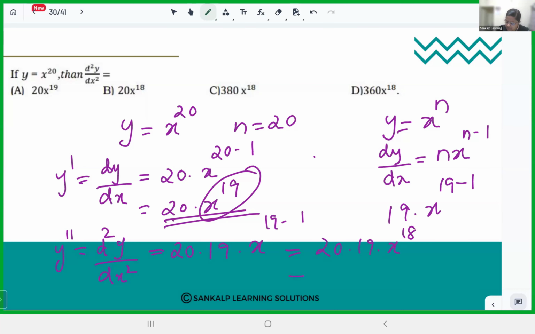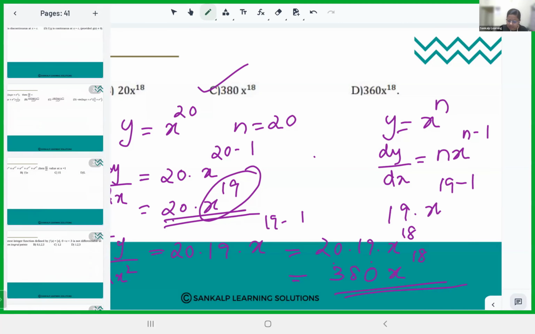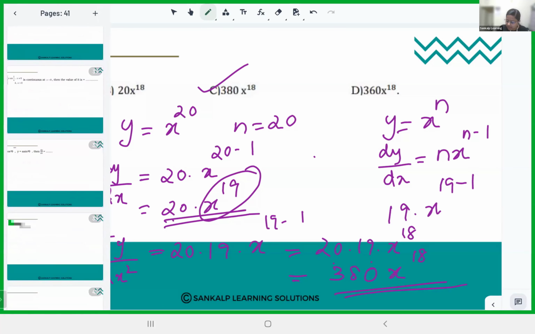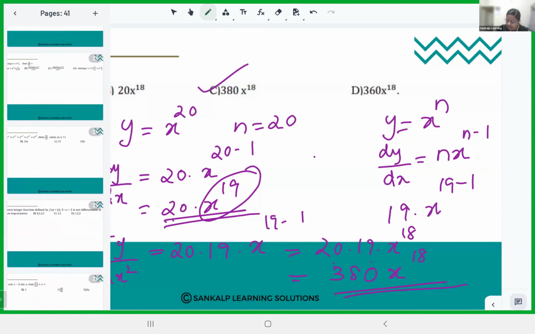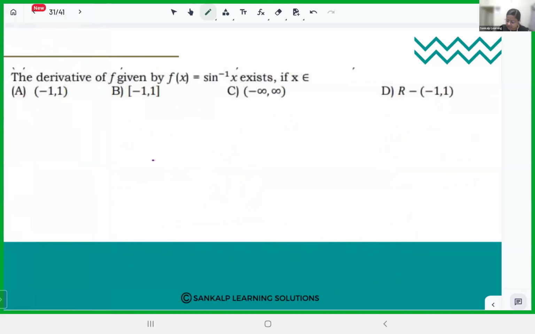So the answer is 20 into 19, which is 380, so 380 x raised to 18. Which option is right? Option C is right. All right.